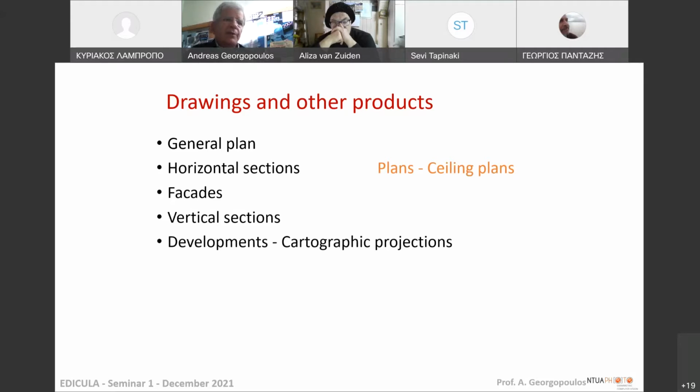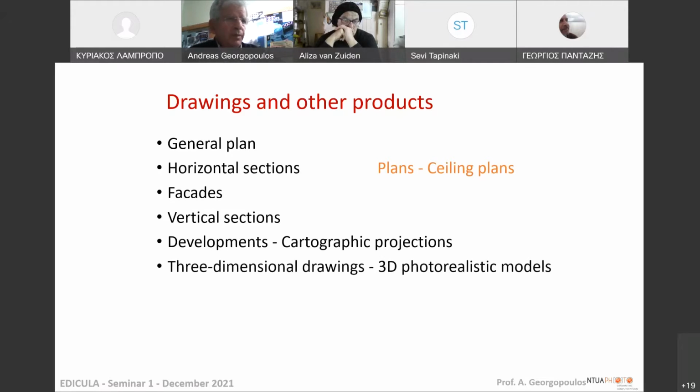And also sometimes we need to have developments, that is round or cylindrical or spherical or other non-planar objects that should be developed for the sake of the further studies that are going to be performed.